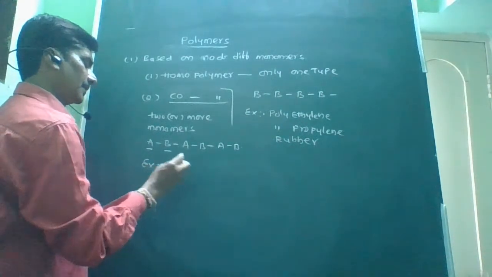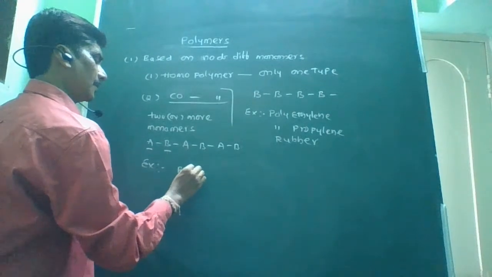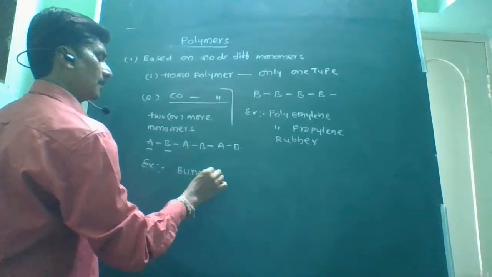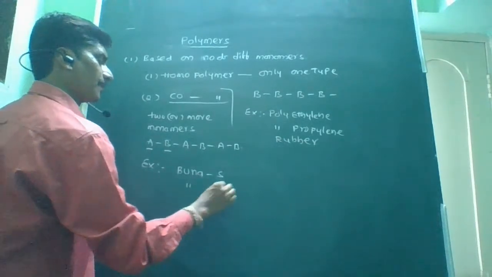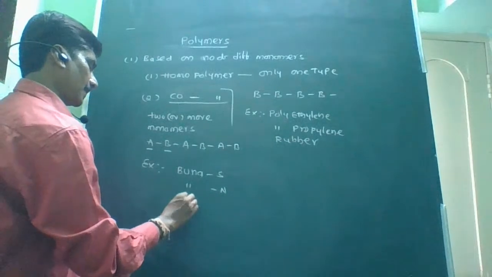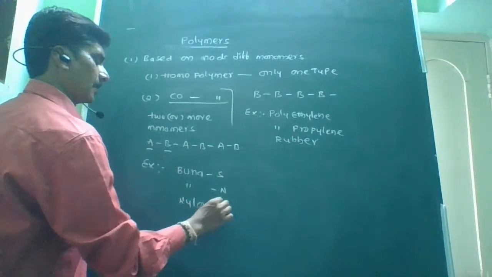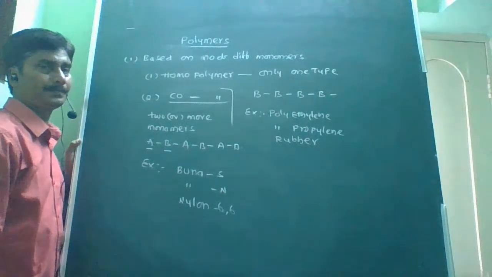Examples for these: Buna-S, Buna-N, nylon 6,6.